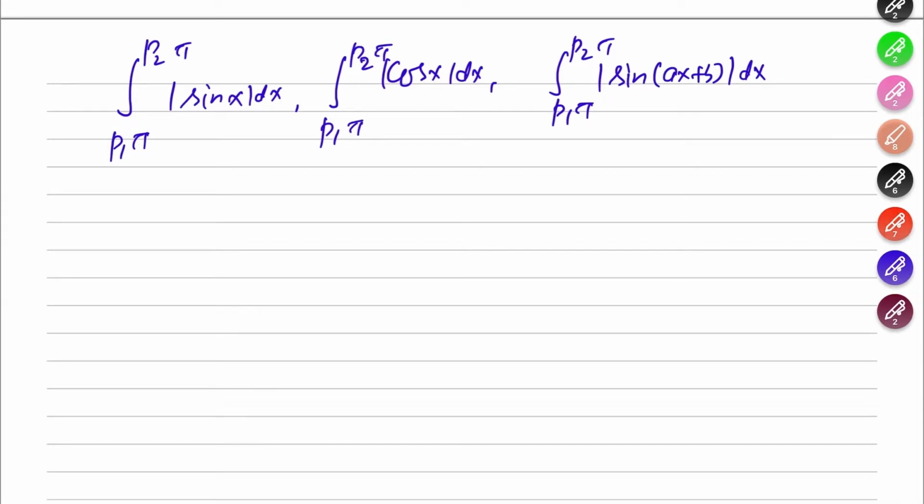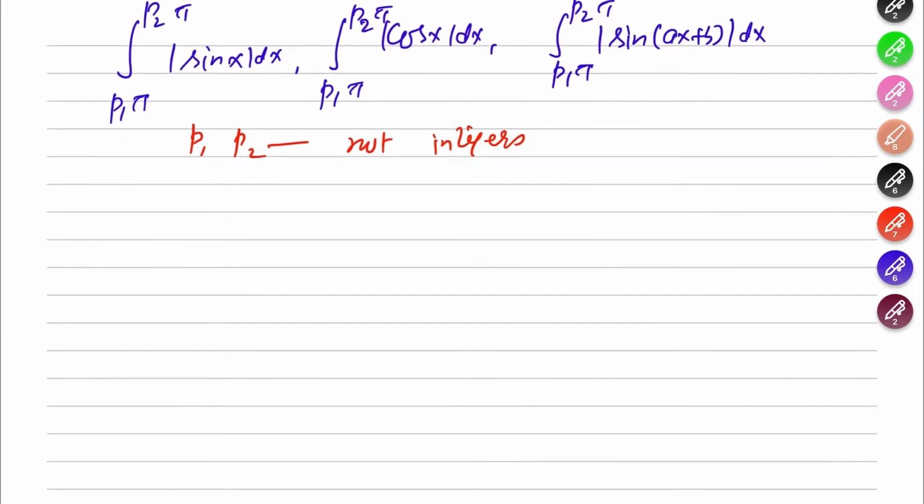Here p1 and p2 are not integers. We have already done the cases where these limits are integers in the previous videos.